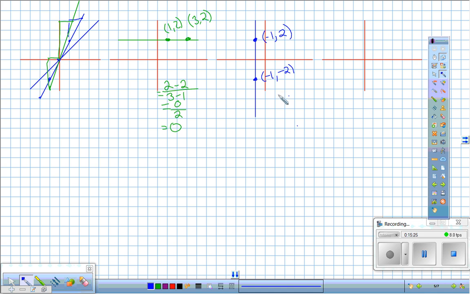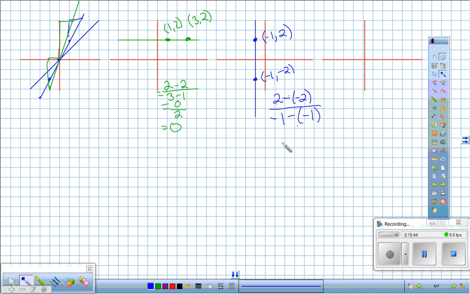My y's went from 2 minus -2 over -1 minus -1.